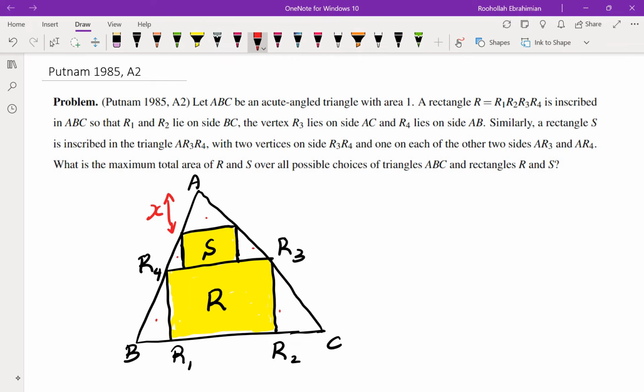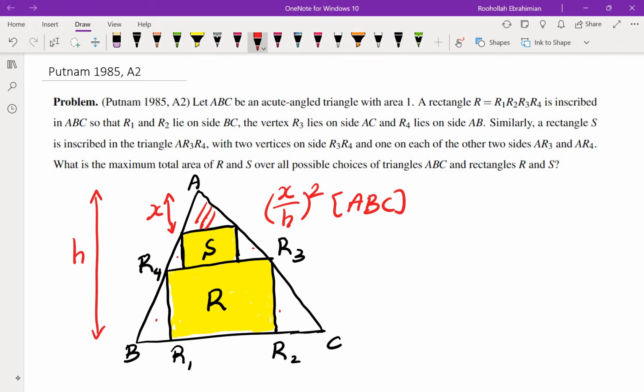If the height of the original triangle ABC is h, then the area of this region would be (x over h) squared times the area of ABC, because they're similar, and the area of ABC is 1, so that would be x squared over h squared.